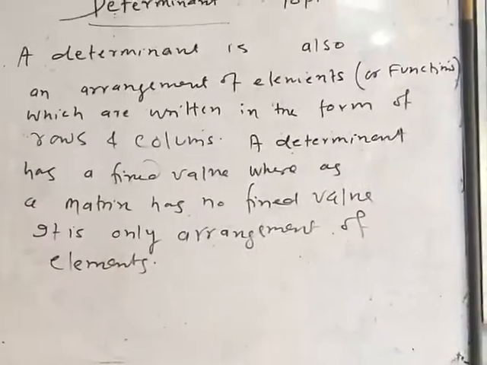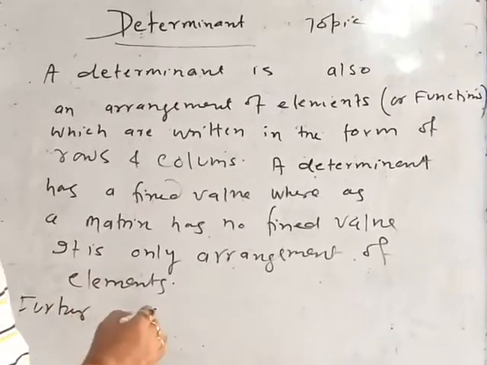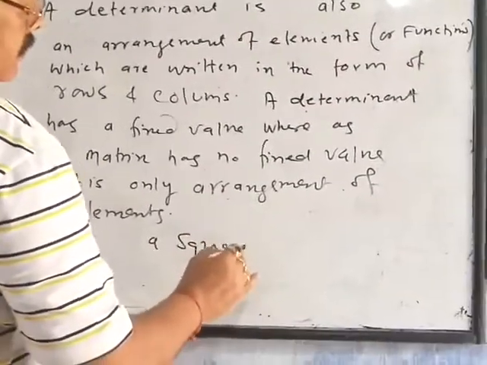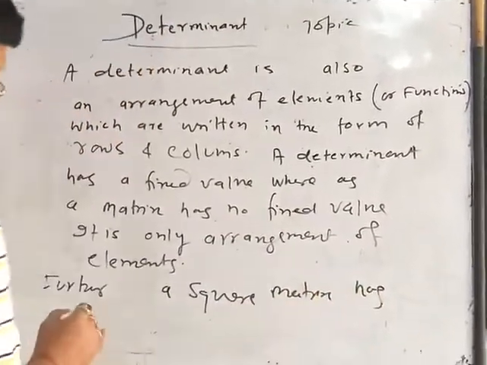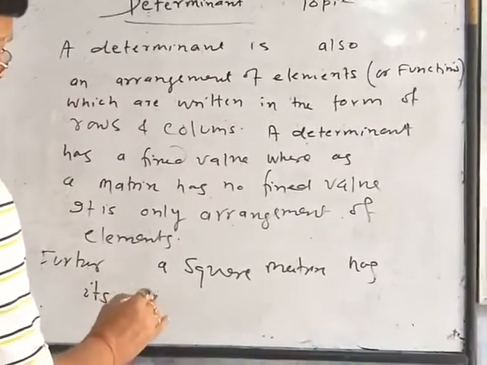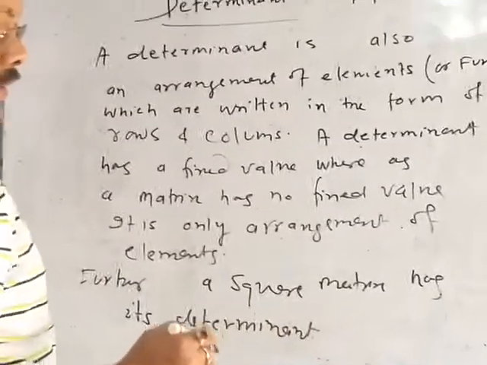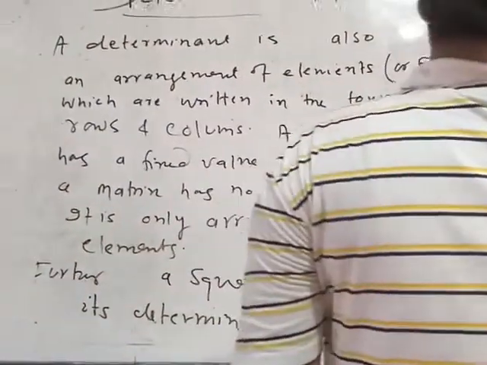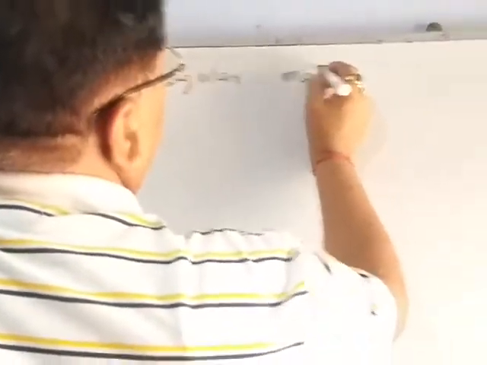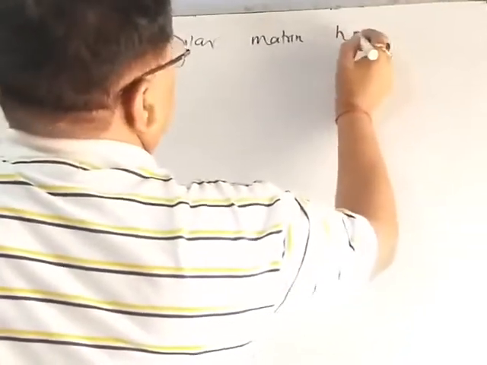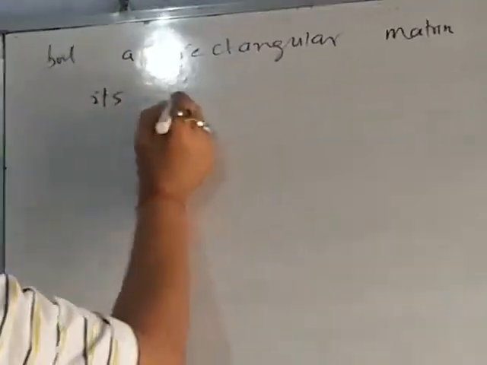Further, a square matrix has its determinant, but a matrix that is not square has no determinant.